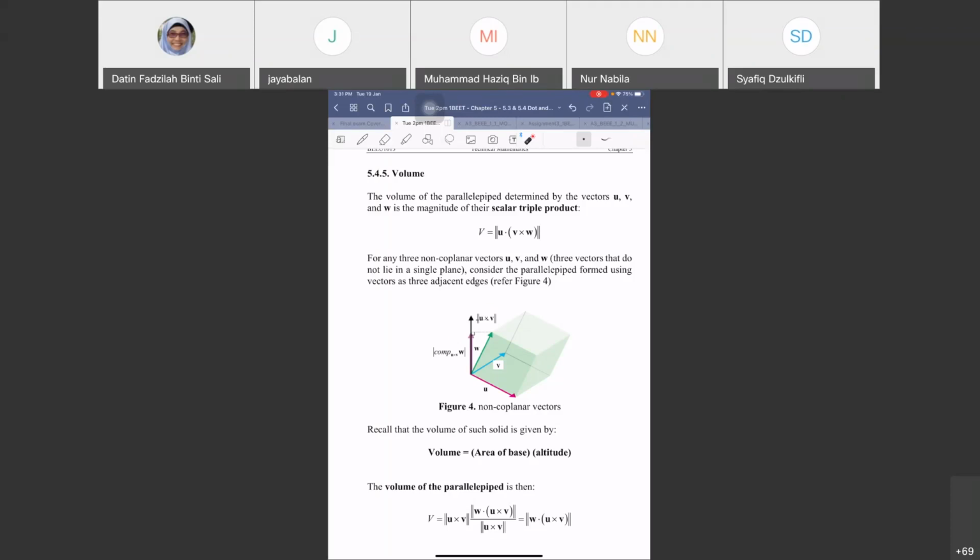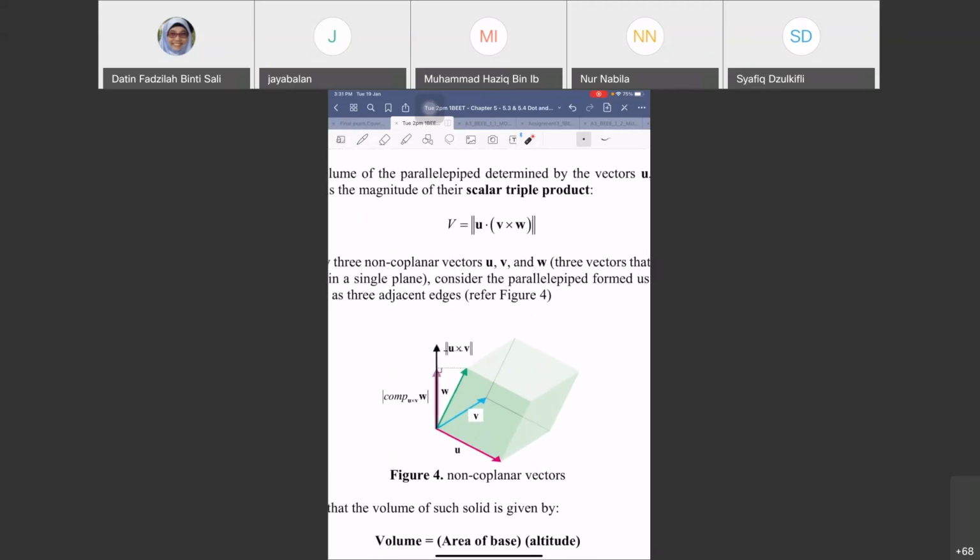But for this one, because you have this scalar triple product concept, where it combines dot and cross product together, the magnitude of that is actually the formula for the volume of the parallelepiped. So this is just to find volume.